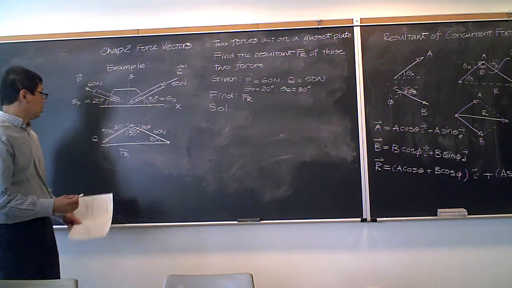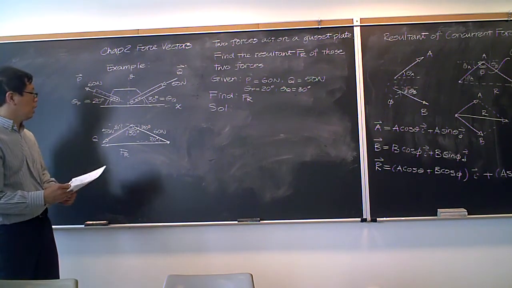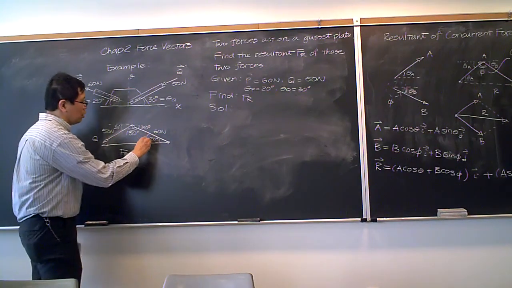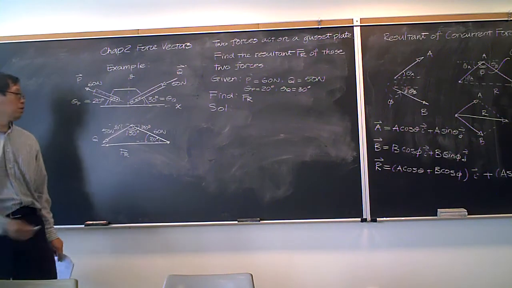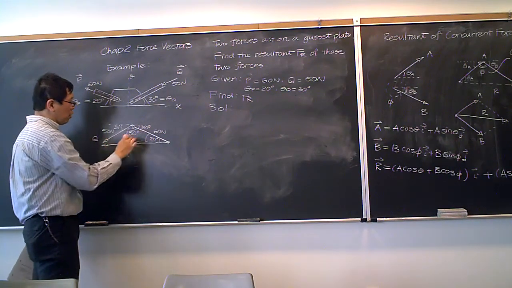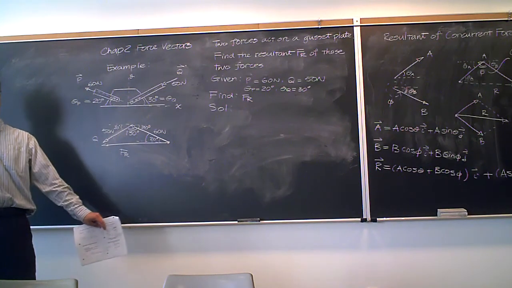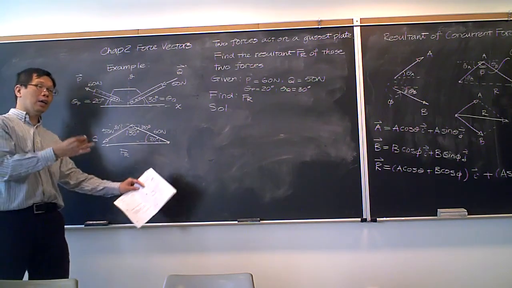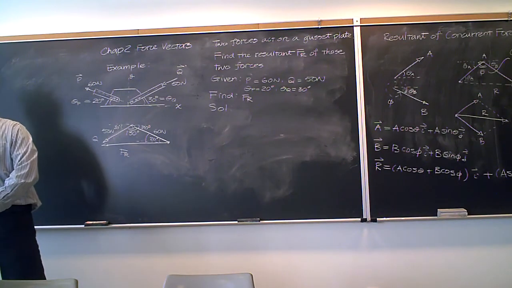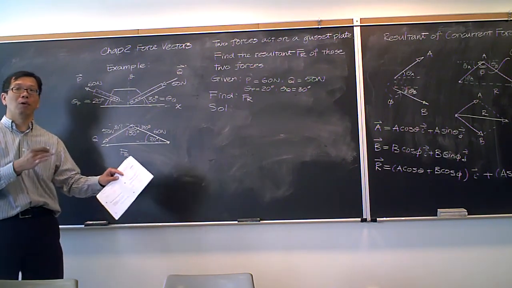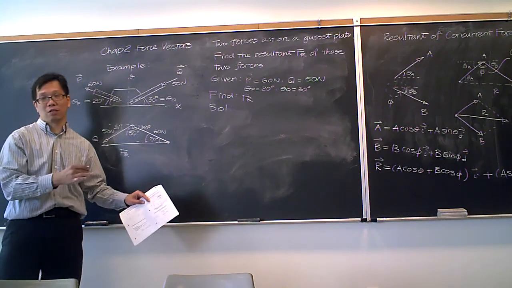So if I want to use law of sines, I don't really know the angle over here, right? Even though I know the force over here and the force over here, I don't really know those two angles. So it may be a little bit difficult for me to find out. I know more lengths than angles. So in that case, I would like to use law of cosines, because law of cosines deals with more lengths rather than angles.